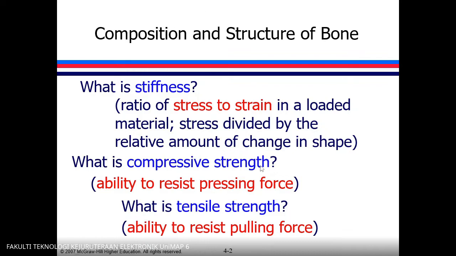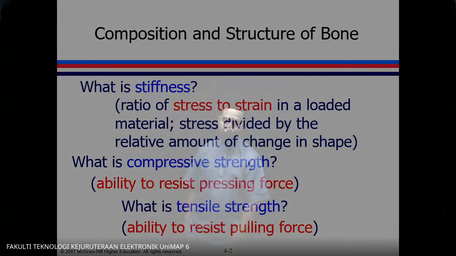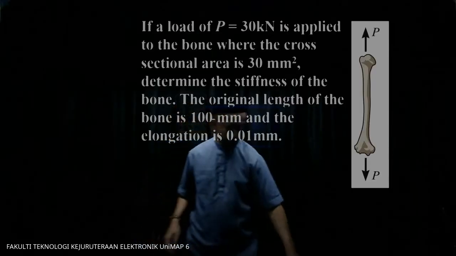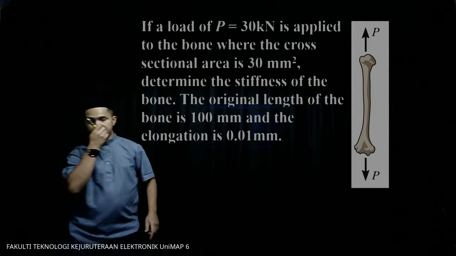Before that, stiffness ni saya cakap tadi, stiffness is the stress to strain ratio kan. So stiffness, okay, saya tunjuk equation for stiffness. This is the equation for stiffness ya.